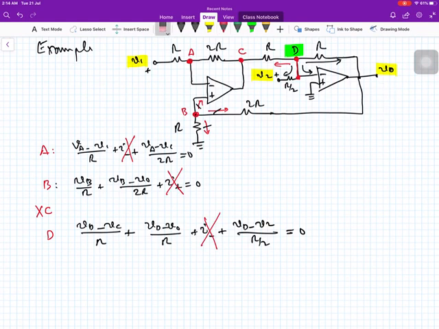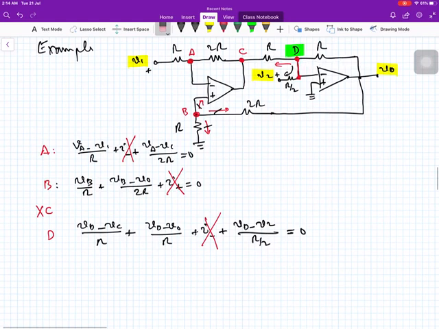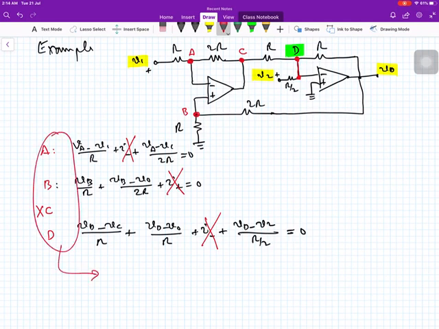Now I will leave the rest of the analysis to you. I assume that you should be able to simplify these three equations. From these three equations, you will see that V output is equal to V1 minus V2 or V2 minus V1.